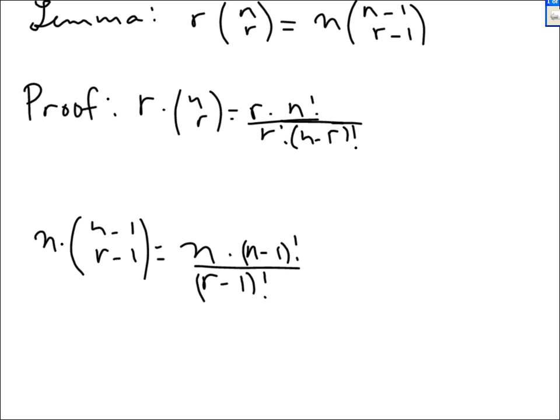Now, to figure out the difference between n minus 1 and r minus 1, if somebody asks you what's the difference between 22 and 14, you can add, say, 6 to both numbers.